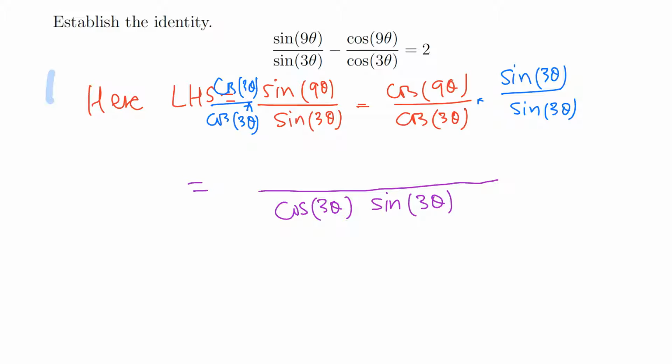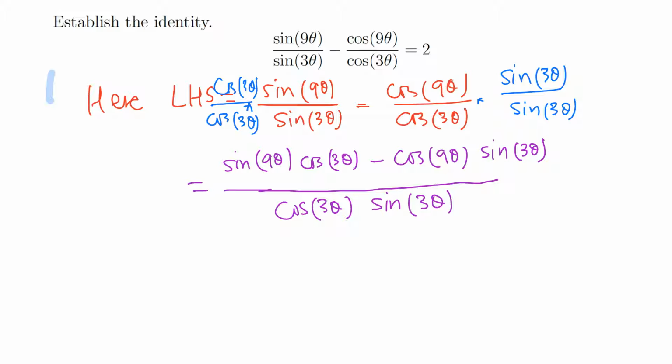On the top we have sine 9 theta times cosine 3 theta minus cosine 9 theta times sine 3 theta. Do not cancel anything from top and bottom. There are no common factors, we have one term, this times this, minus this times this.